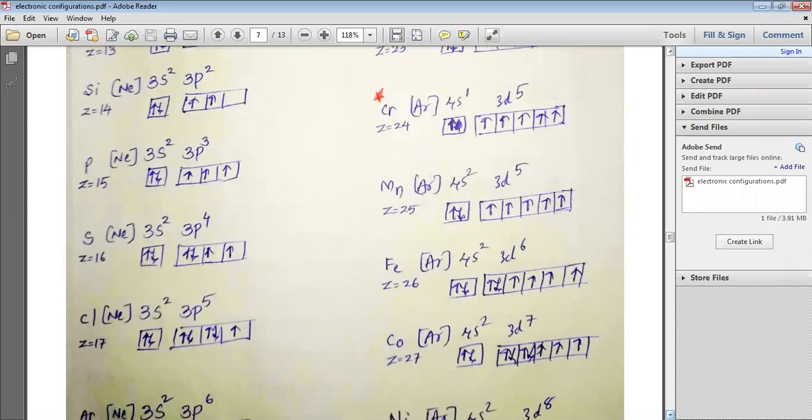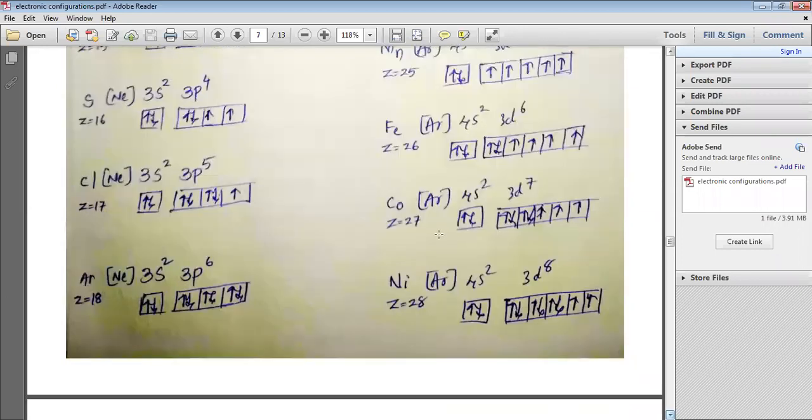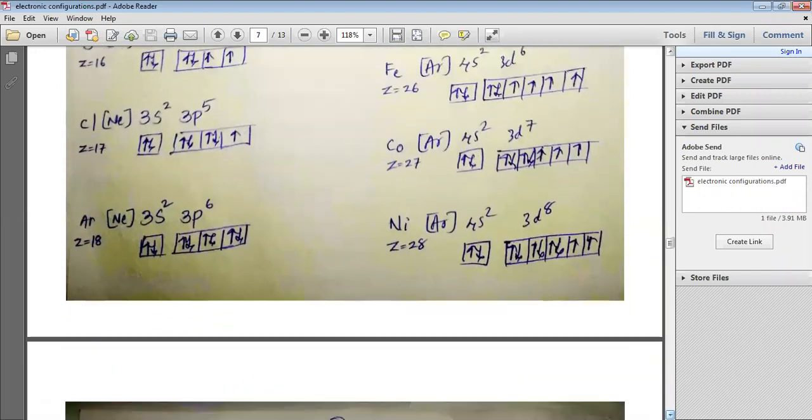Then we have iron, atomic number 26, so it is argon 4s2, 3d6. You can see that pairing starts in the 3d orbital, and the first orbital is paired. Then we have cobalt, atomic number 27, argon 4s2, 3d7. So the second orbital of the d has also been paired.